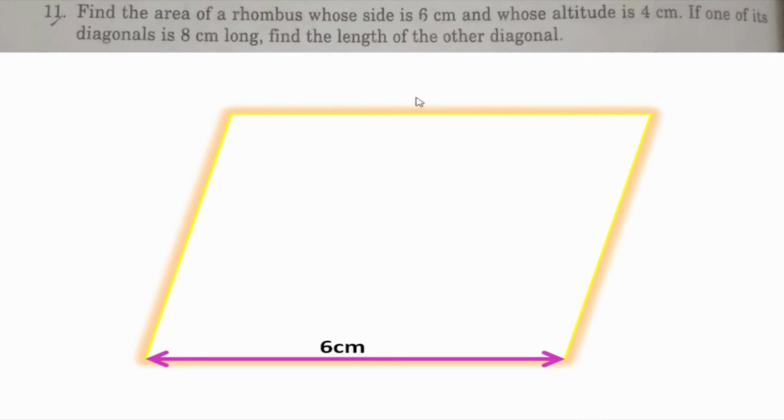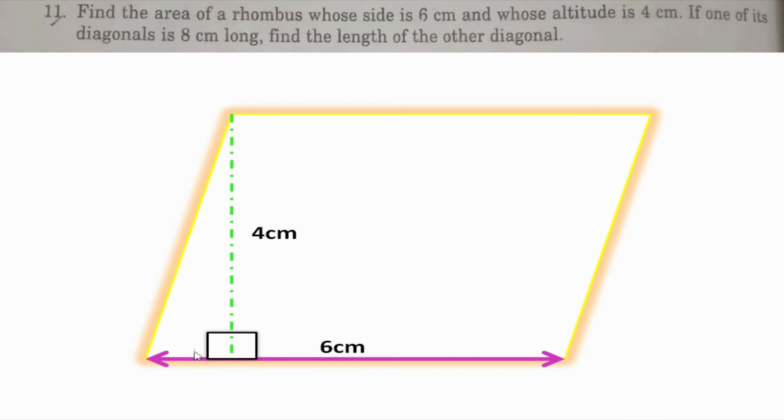Here the altitude of the rhombus is given. Altitude means the height of the rhombus. This is the altitude of the rhombus. How did I know that this is the altitude, or height, of this rhombus? Because this line has come from the opposite vertex and dropped on one of the rhombus sides, and it is perpendicular to this side.